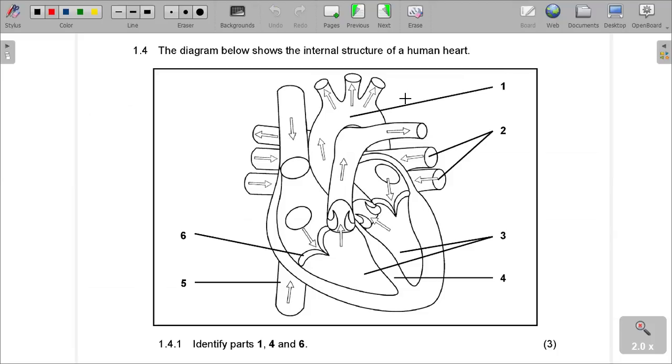It is the aorta. 4, our 4 here, it is the septum that is dividing the heart into 2. And then 6, what is 6? Our 6 is the tricuspid valve.